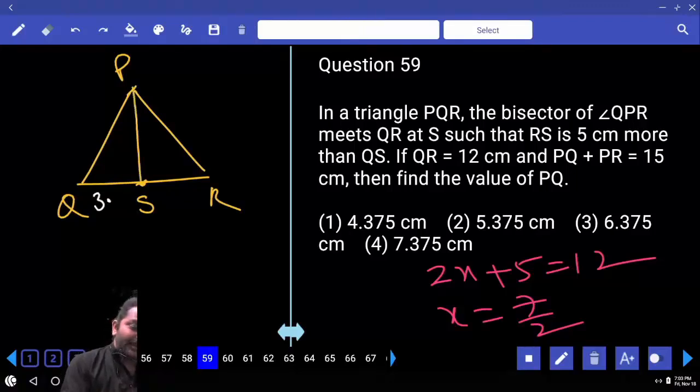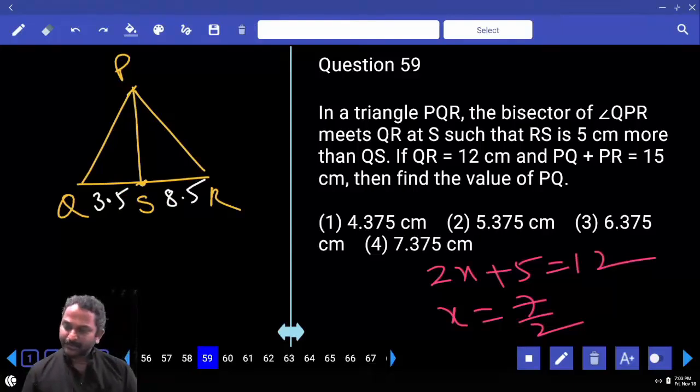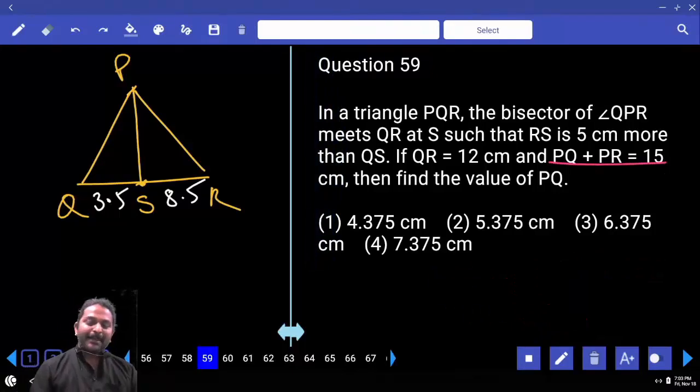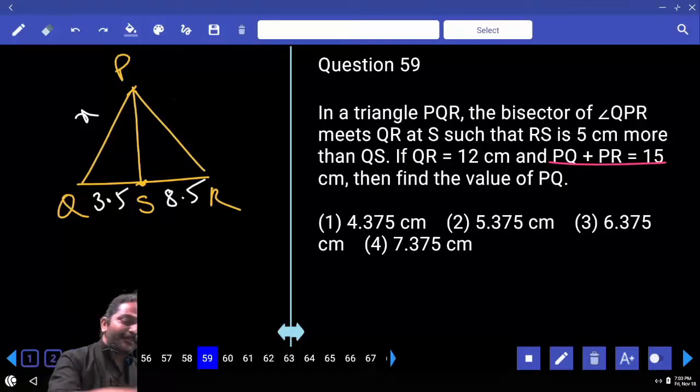This one is 3.5 and this one 8.5. Continue. And PQ plus PR, PQ x PR y, is equal to 15. Then find the value of PQ. That means we were asked to calculate x value only.